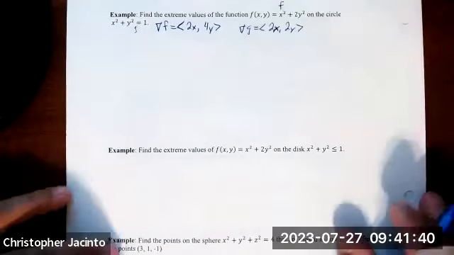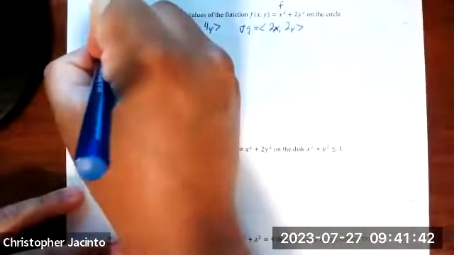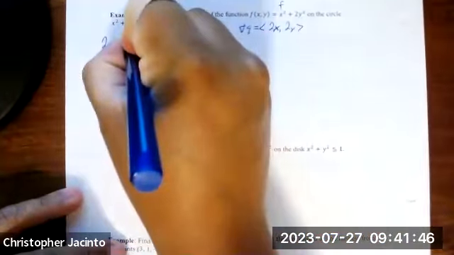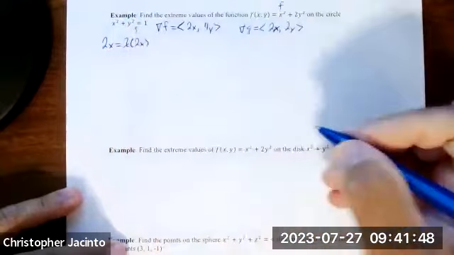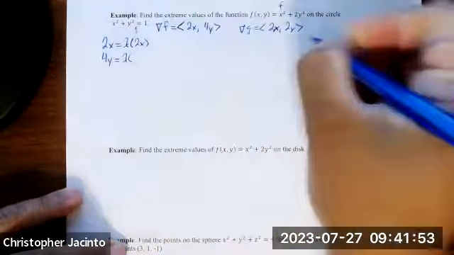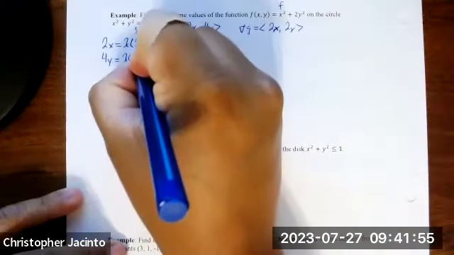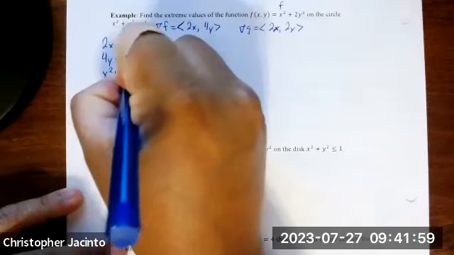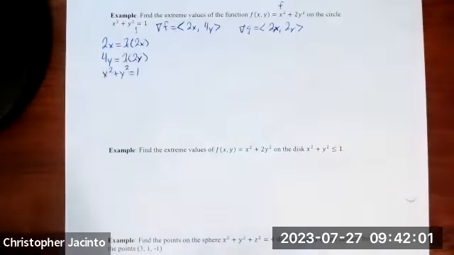Okay, so setting up our equations, we're going to have 2x equals lambda times 2x, 4y equals lambda times 2y, and our constraint.